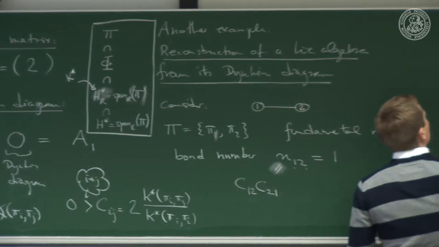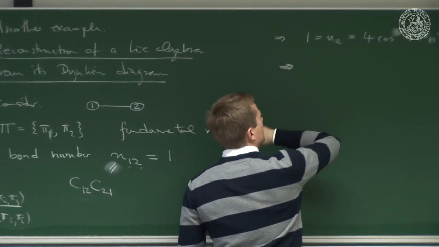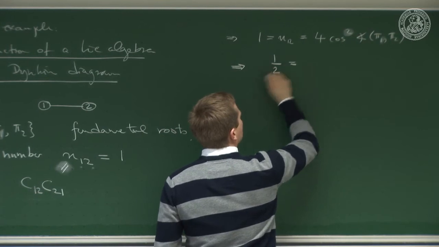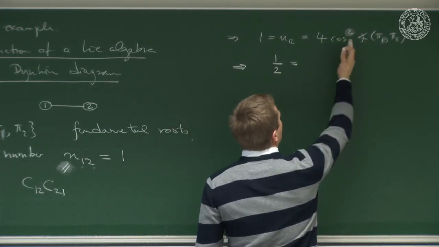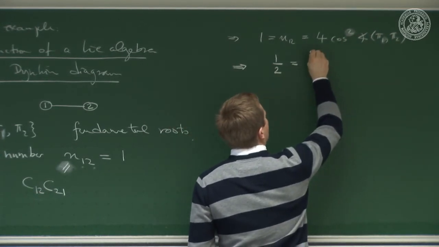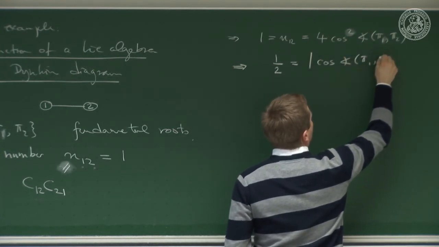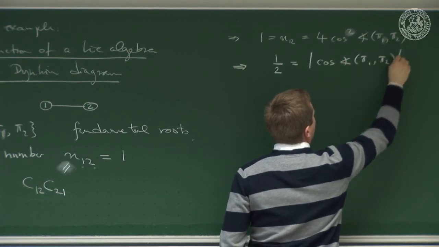Now, of course, we can take the square root with some care. So this is 1/2 equals the absolute value of the cosine of the angle between the two.